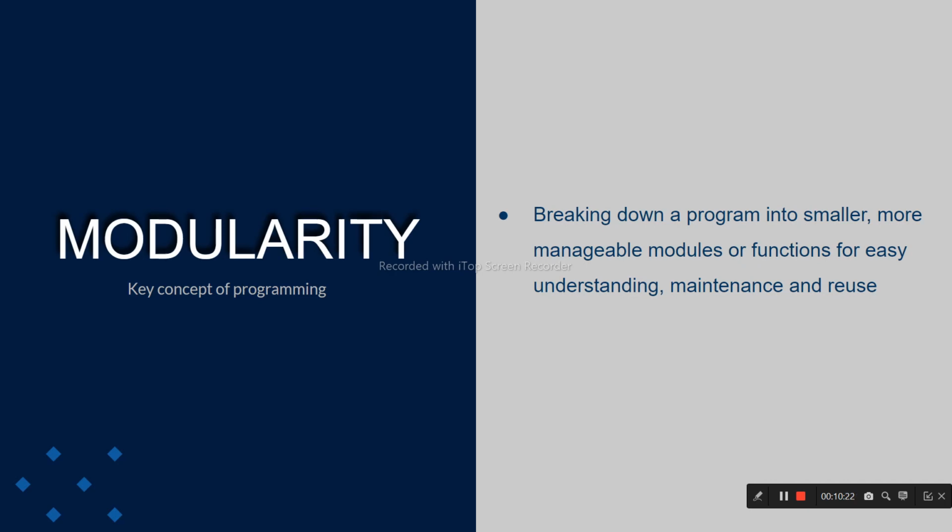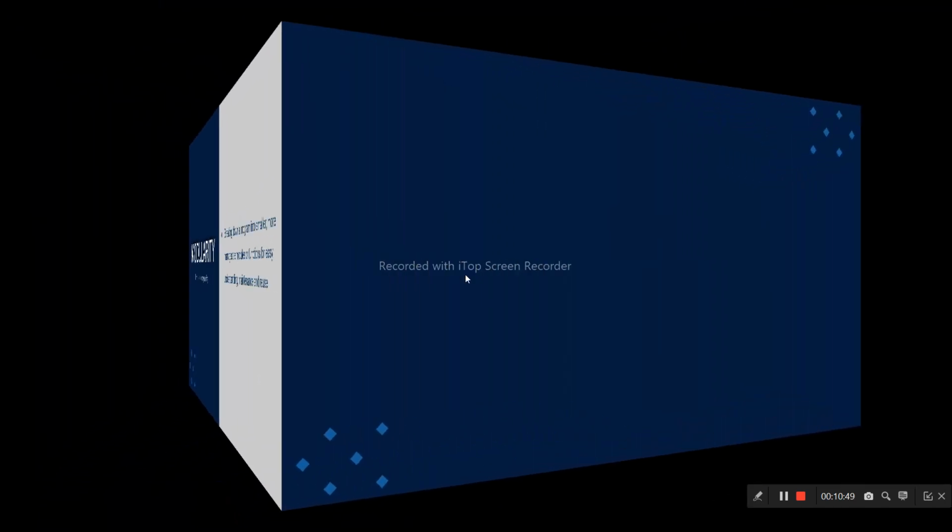So what you usually do is break it down into smaller and more manageable modules or functions that are easy to understand, maintain, and reuse, basically when you are collaborating with other users. That is what modularity basically means: you take your long piece of code and break it down into modules, or functions, that are easy to understand, maintain, and reuse.